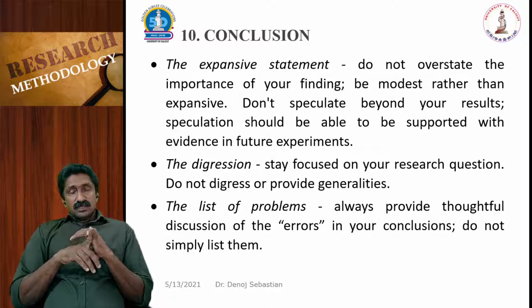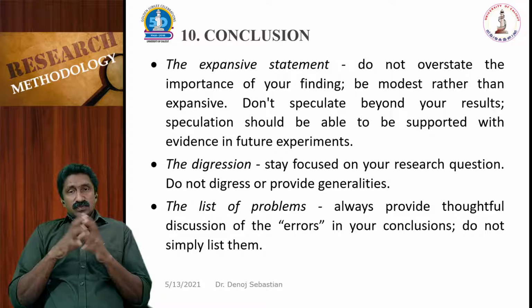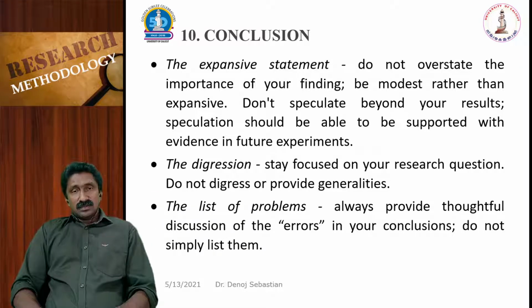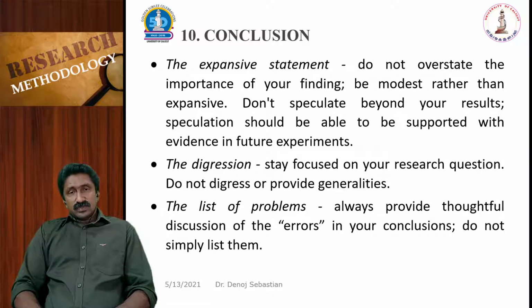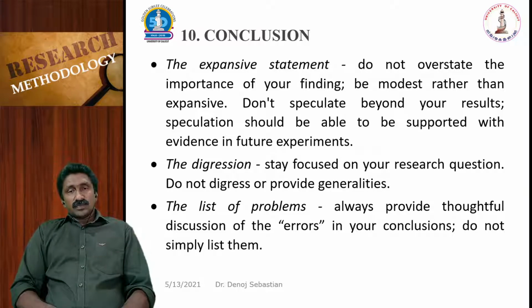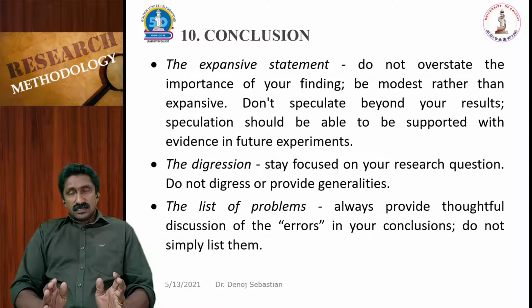Digression is another one, and that means stay focused on your research question. If you distract from that topic and move to some other area, staying out of focus, that needs to be avoided. Focus should not be lost from the research question or the hypothesis. And on the list of problems, always provide a thoughtful discussion of the errors in your experiment, and do not simply list them.